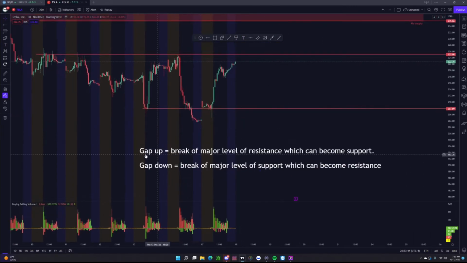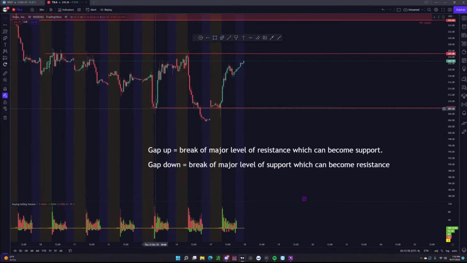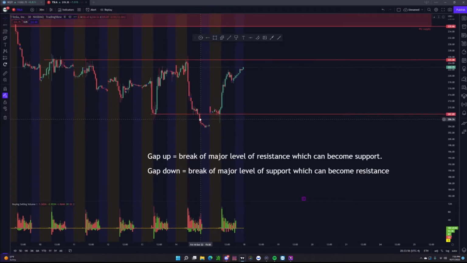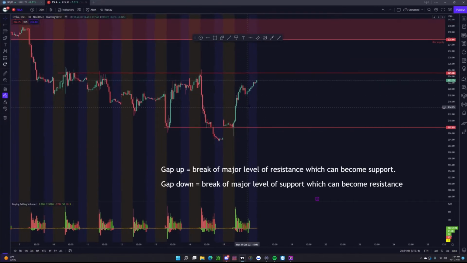Right? So with what I'm saying here, a gap up equals a break of a major level of resistance, which can become support. So you can see how we created a support here, which ultimately we broke, which you would have called a resistance now. Now we gap back up, which means we're breaking a major level of resistance, and we reclaimed it as support, and then you see the stock going up.